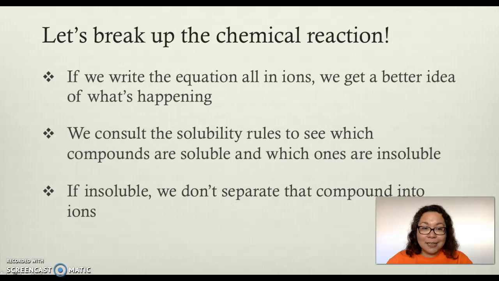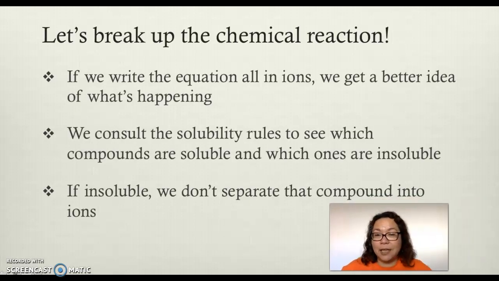If the compound turns out to be insoluble, that's your solid, and we don't have to break that up. We don't separate that compound into ions. So remember, if the compound is insoluble, it's the precipitate, and we don't separate that into ions.